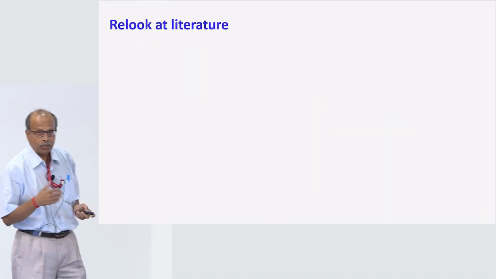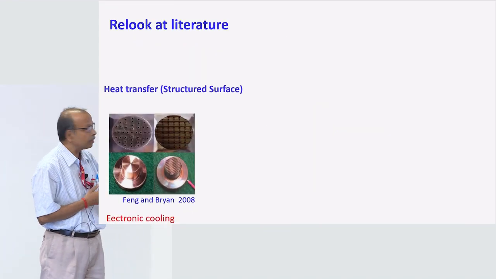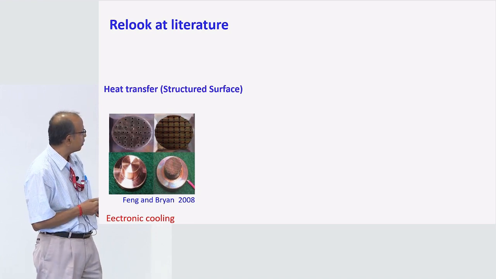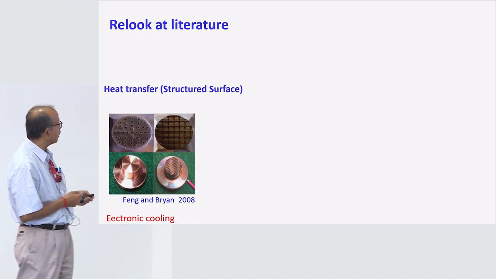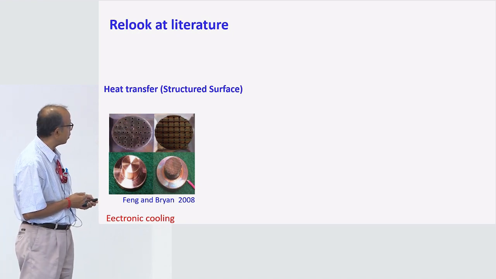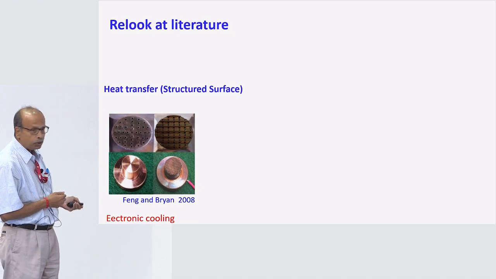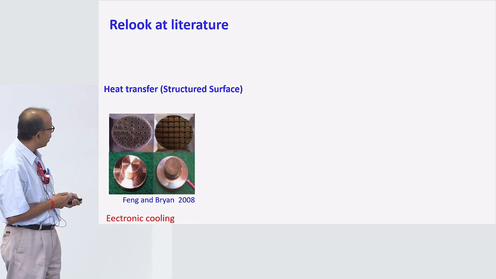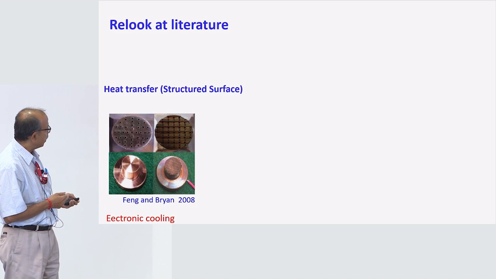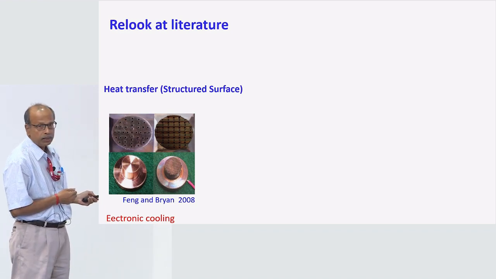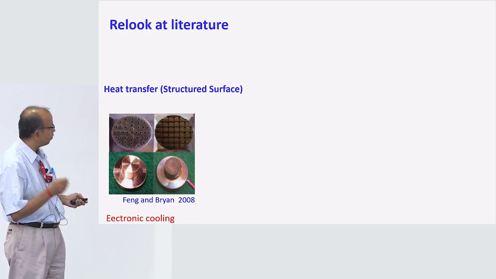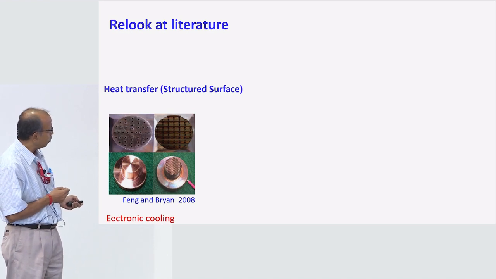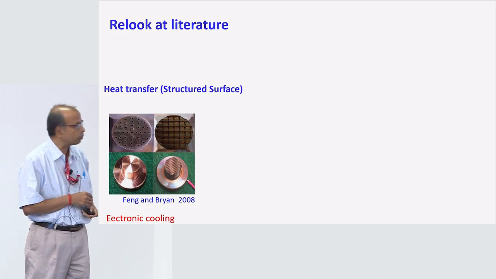Before I start talking about why it motivated this work, I will tell you that some of it is related to heat transfer on a structured surface. I present a paper from 2008. In this paper, they used structured surfaces for heat transfer, and as you can see, there are a lot of structures, different kinds of pitch, different kinds of geometry, including the plane surface.